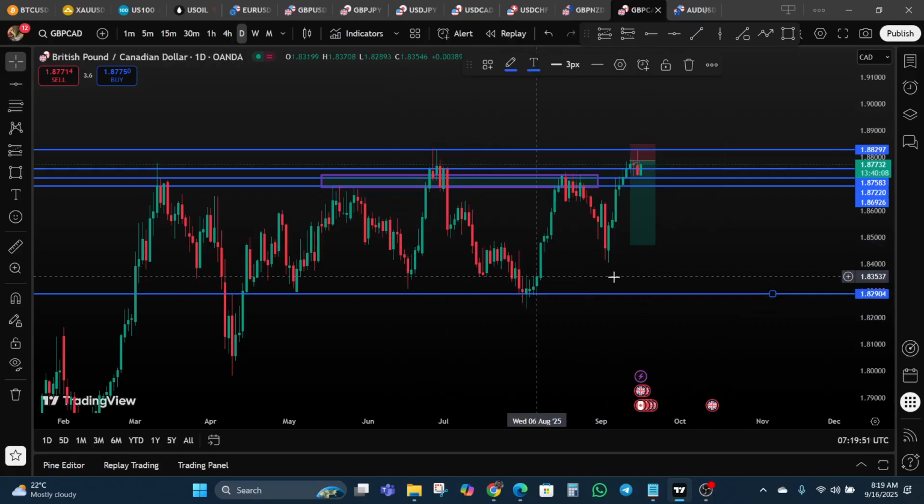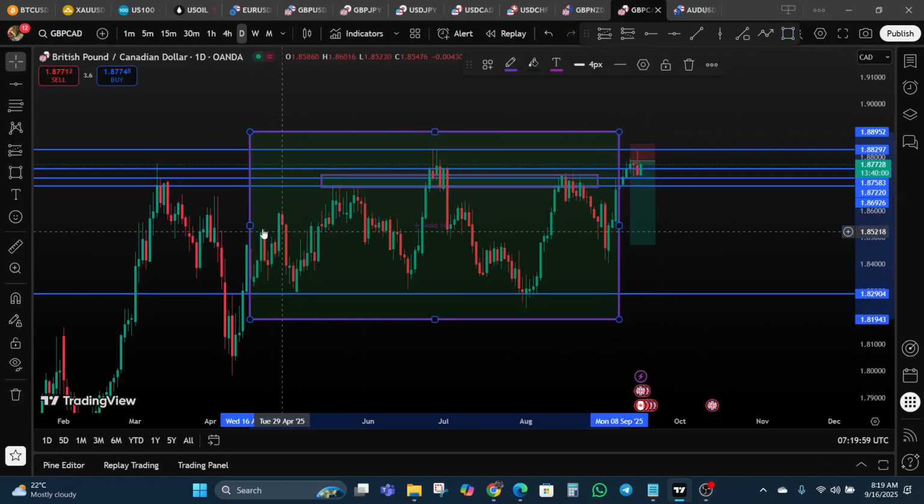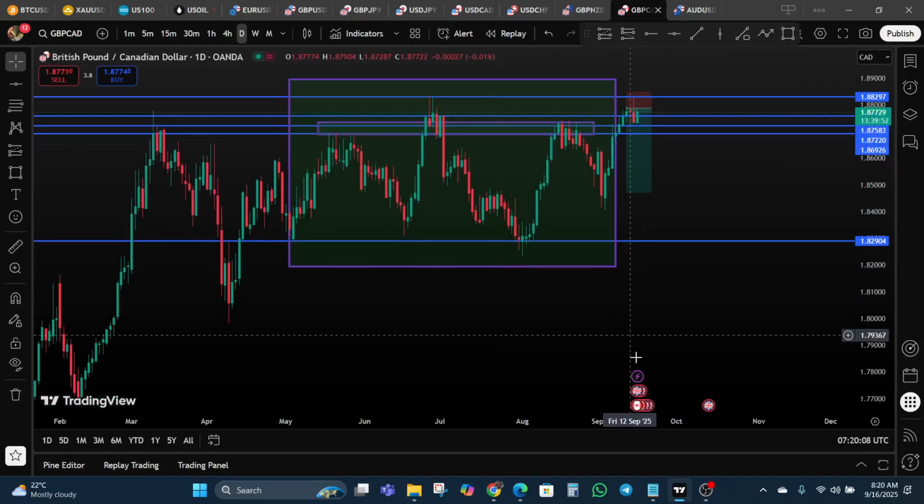If we are going to be using this as our head and shoulders, you can see a head and two shoulders. That means for this example, it's going to be a bearish breakout that we'll be watching out for, and we need to see price break this neckline.